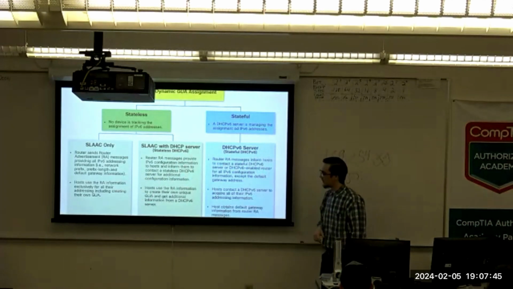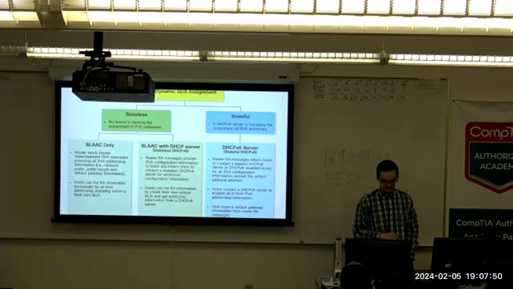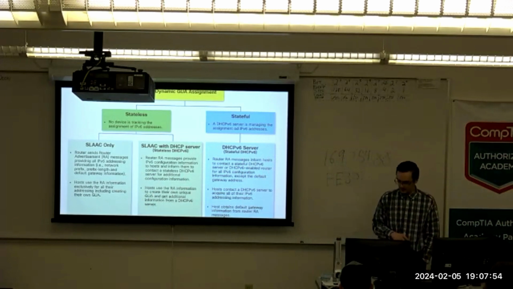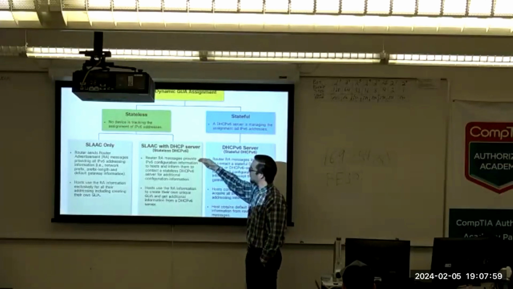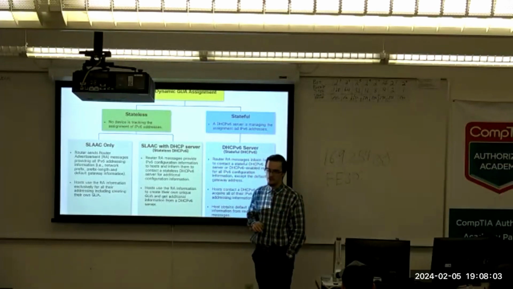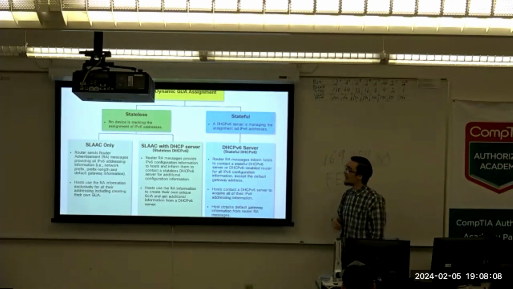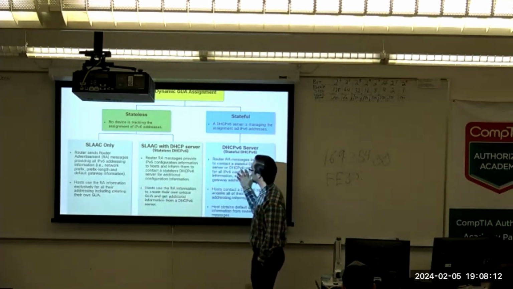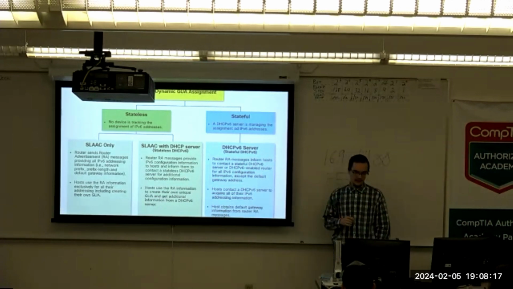So there you go, here's your default gateway. And then we have the in-between where you still look at the RA, but within the RA, it says to you, go and talk to the DHCPv6 for the rest of your information. I like to call it half slack. So this is slack, half slack, and no slack. That's just the way I think about it.